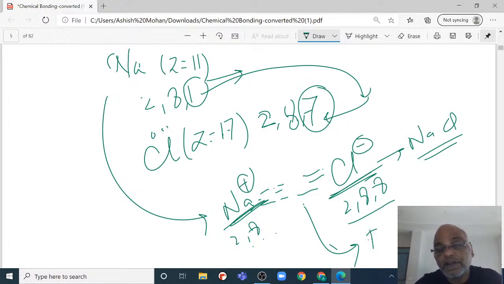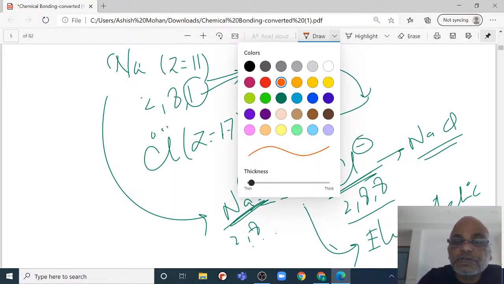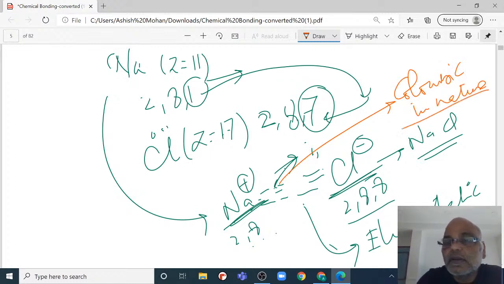And here the kind of bond forming is called an electrostatic bond, or it is ionic.